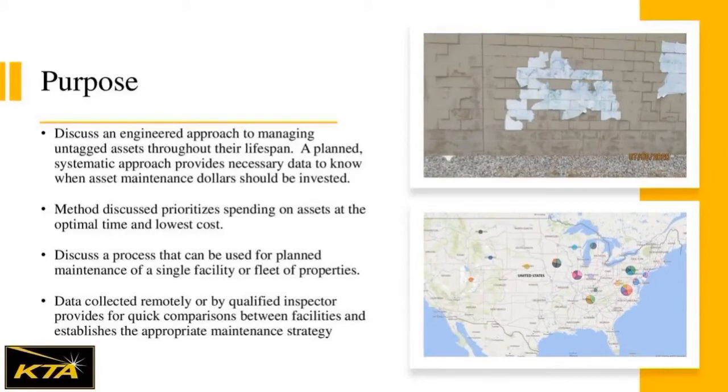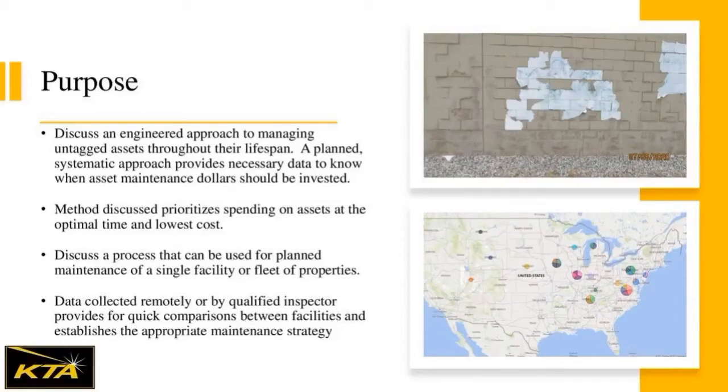So the purpose of today's webinar is to discuss an engineered approach to management of untagged assets. A planned approach provides data to know when maintenance dollars should be spent at the optimal time.